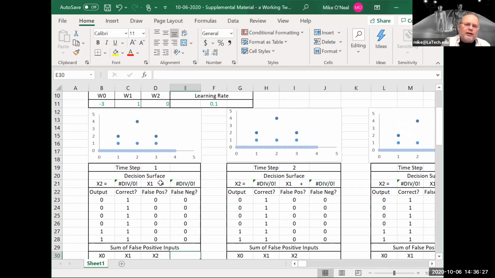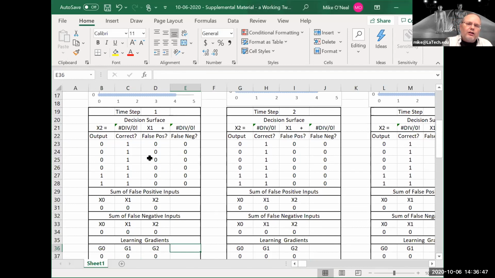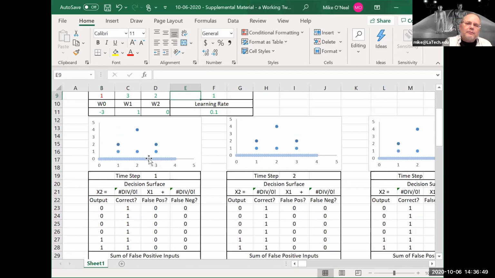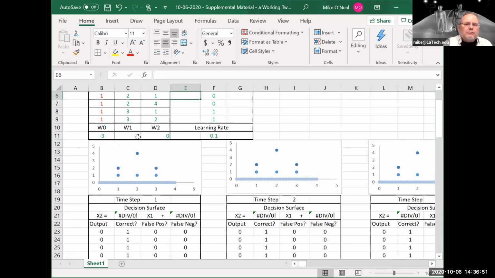You can see the problem is the slope of the line is infinite, which is why I'm getting a divide by 0 error. But basically there's a line right here, where the vertical line would be, and it separates these guys from these guys.